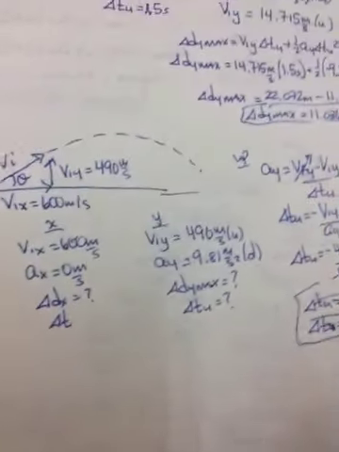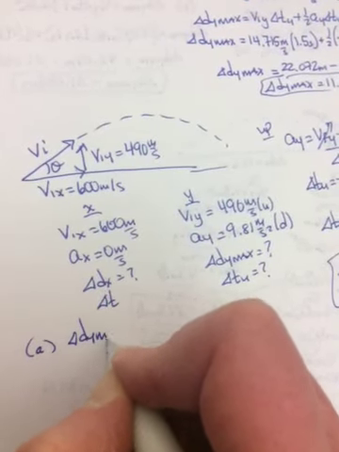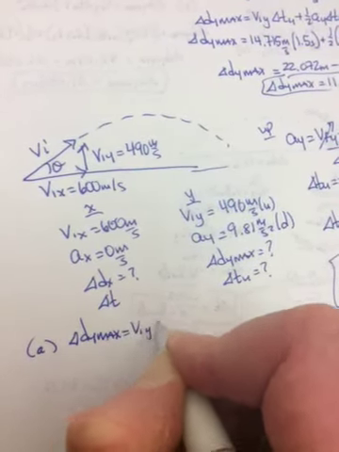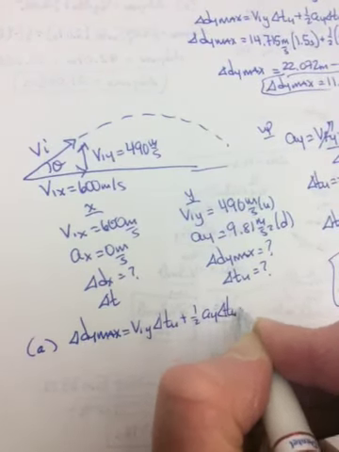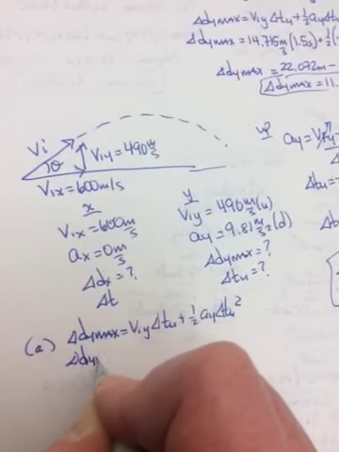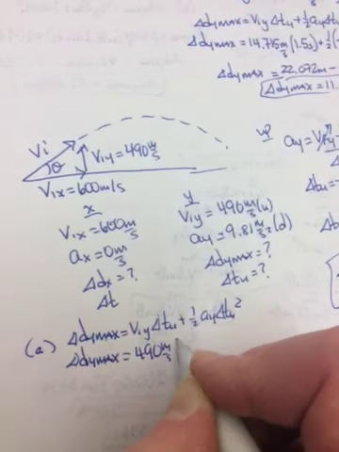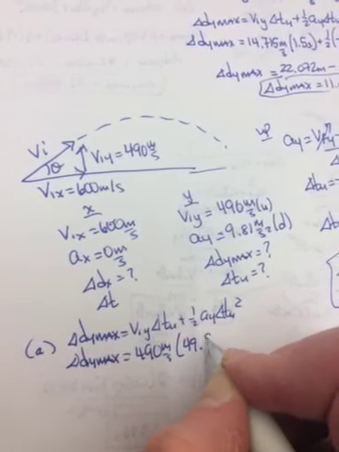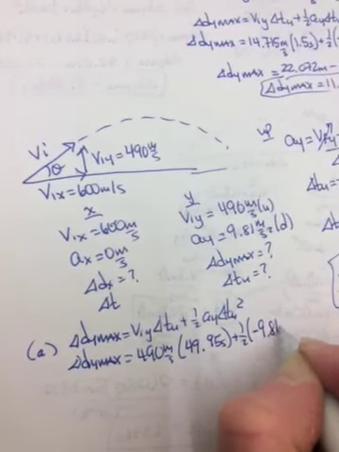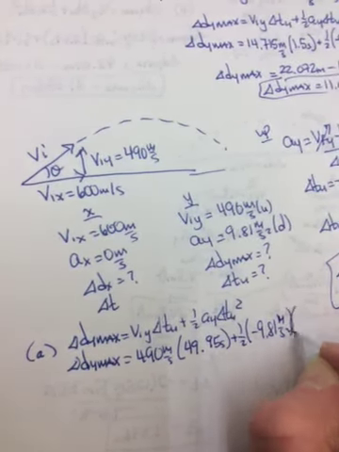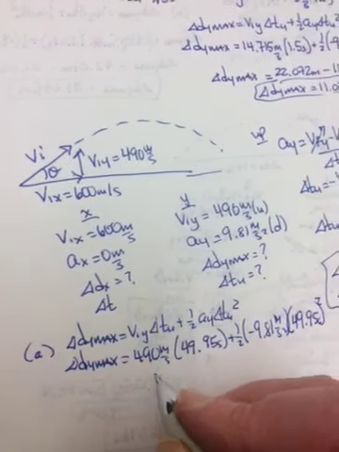All right, so then part A wants height. So delta dy max, VIY delta TU, 1/2 AY delta TU squared. So 490 meters per second, 49.95 seconds, 1/2 negative 9.81 meters per second squared, 49.95 seconds squared.